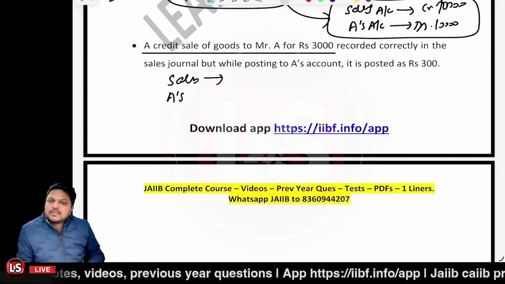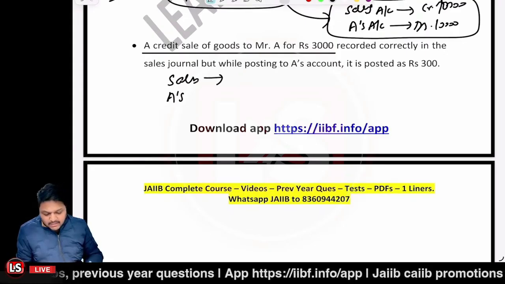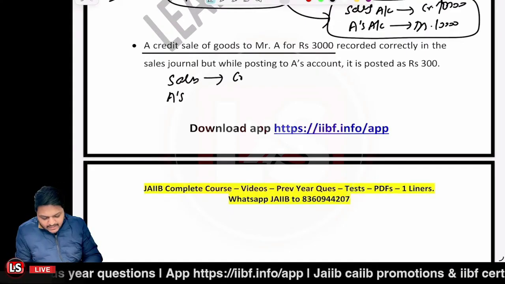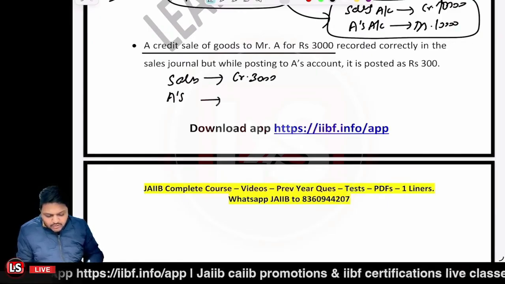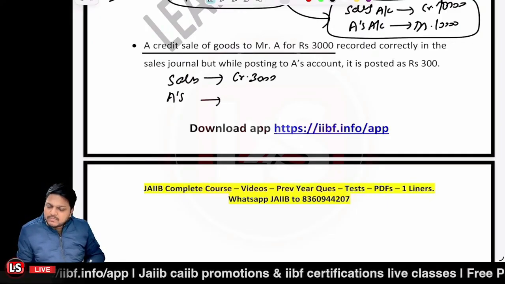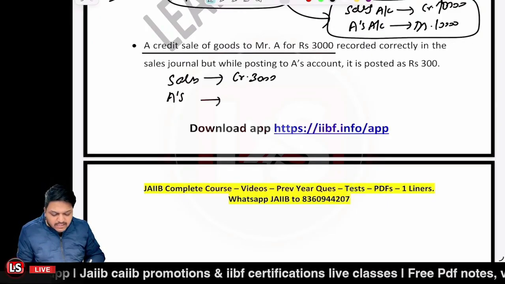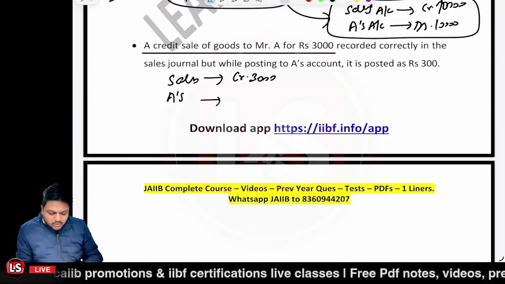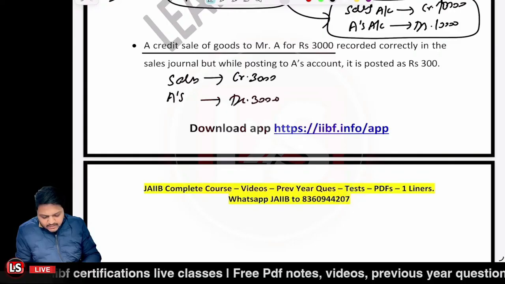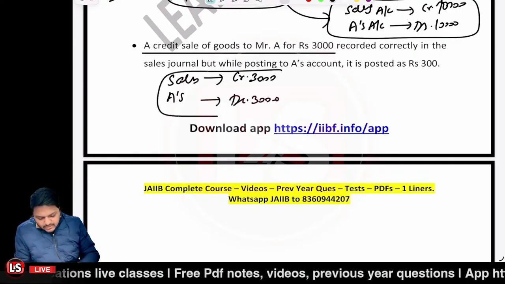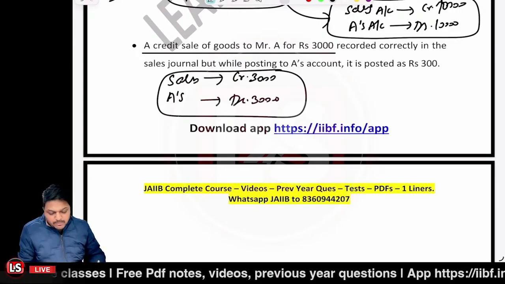Sales is a nominal account and it's an income, so it is to be recorded with credit rupees 3,000, right? And A's account is to be recorded as what? It is basically debit the receiver, credit the giver. A is receiving the goods, so A's account is to be debited for rupees 3,000, right? It's a personal account we have just read. Now this was the actual entry which was to be passed, right?